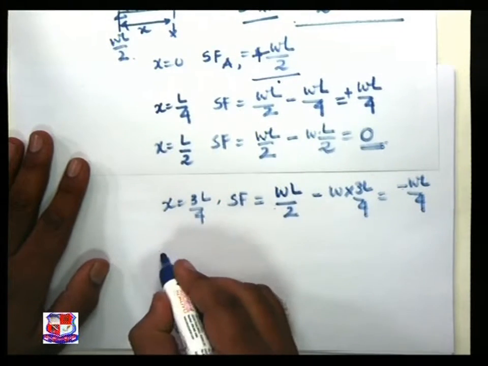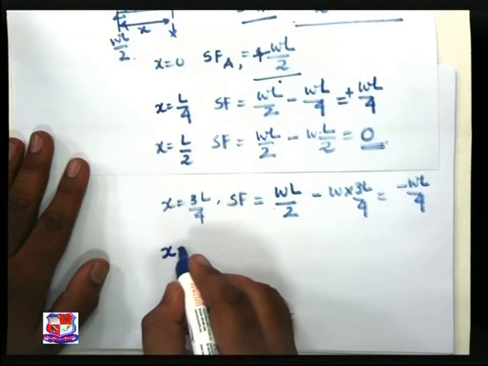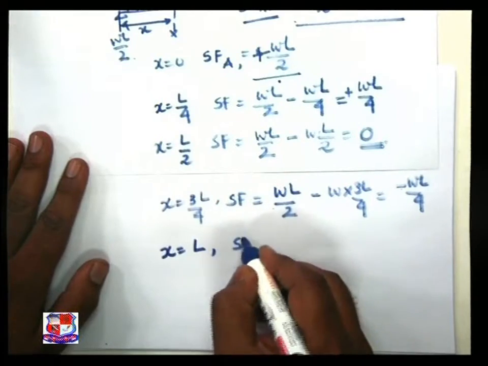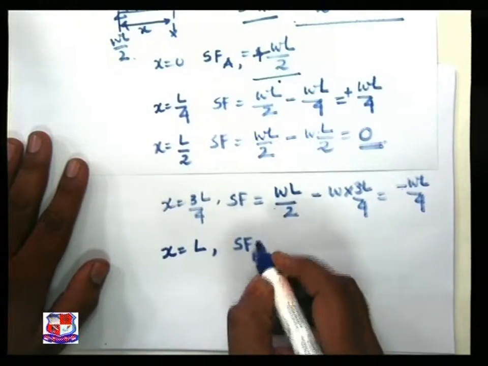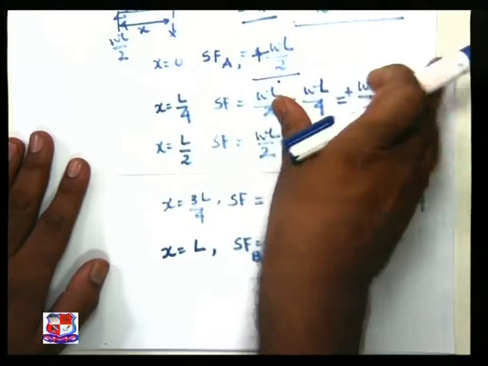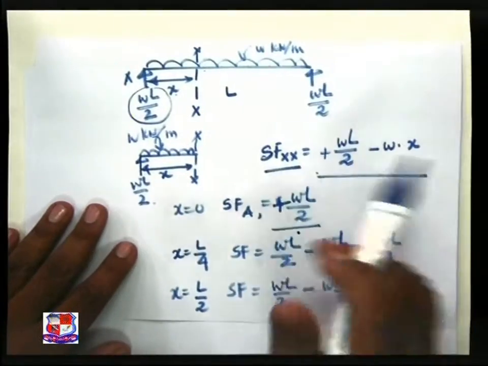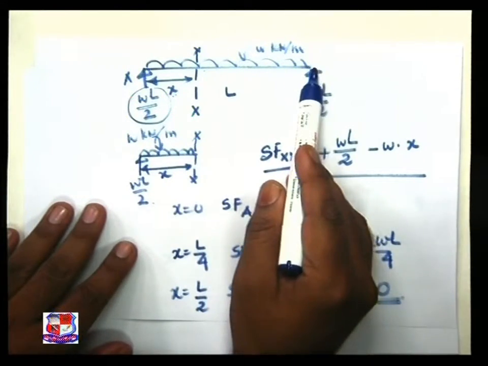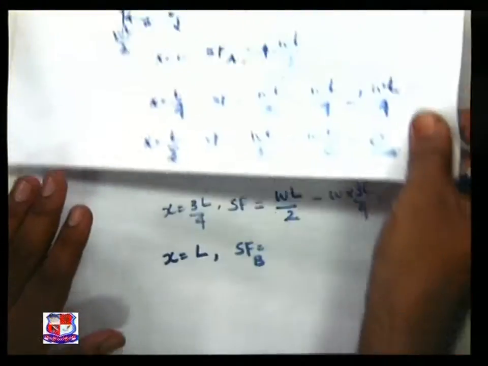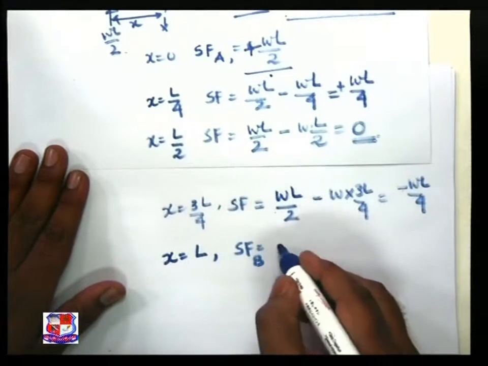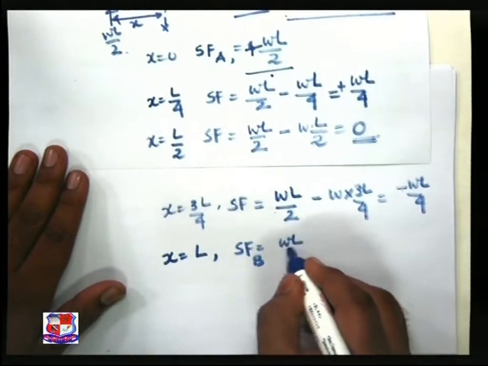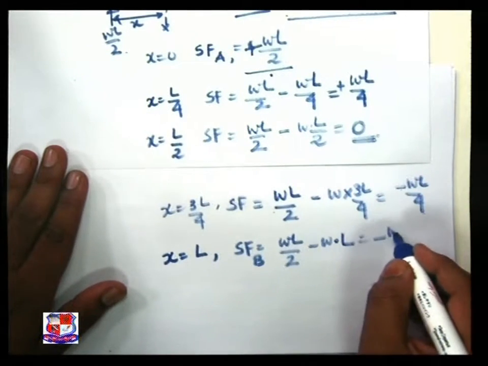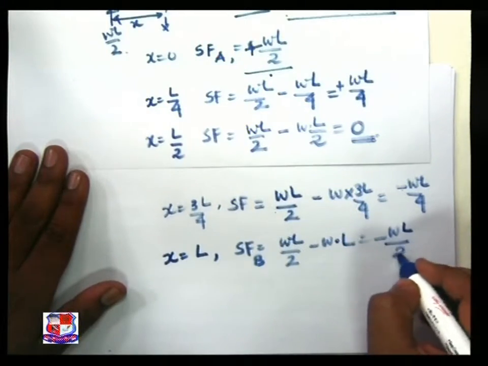And if we take x is equal to L, SF is equal to that at B, because when x is equal to L, you should visualize that shear force at B must be WL by 2, but see the sign conventions over here: WL by 2 minus W into L, it is minus WL by 2.